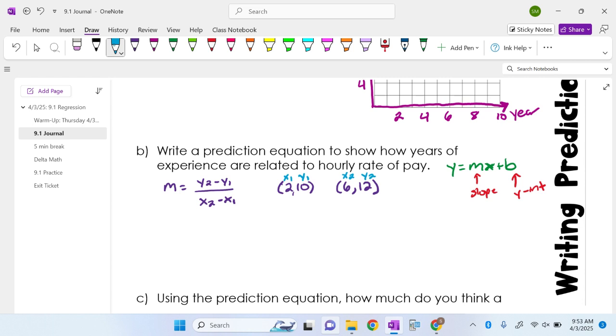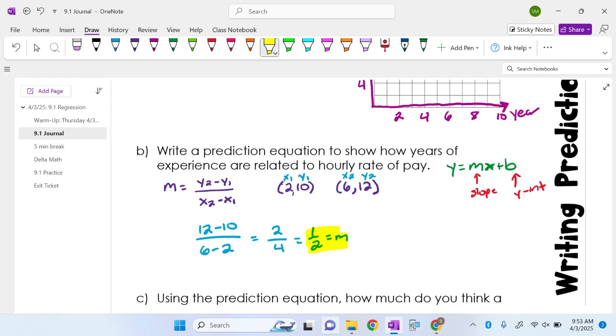And so y2 is 12. And so we're just going to put those straight into the formula. So I have 12 minus 10 over 6 minus 2. What's 12 minus 10? 2. What's 6 minus 2? 4. What does that 2 over 4 simplify down to? 1/2. So my slope, or m, would be about 1/2.